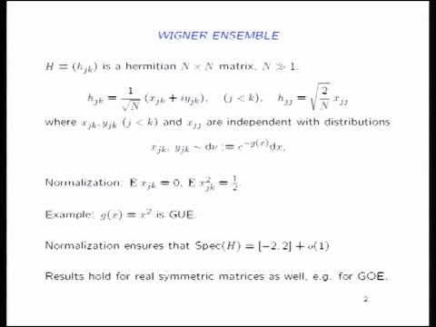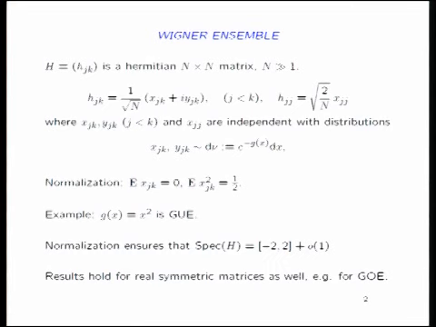Let's just take the Hermitian case, and each individual element is distributed according to IID random variables x_jk plus i y_jk, divided by the square root of n, and this diagonal element. Anyway, it's not that important.